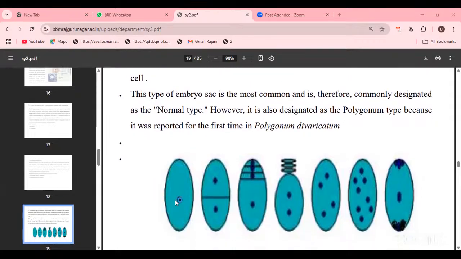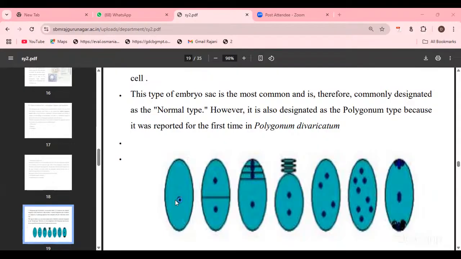This type of embryo sac is the most common and is therefore commonly designated as the normal type of embryo sac. However, it is also designated as the polygonum type because it was reported for the first time in Polygonum divaricatum.